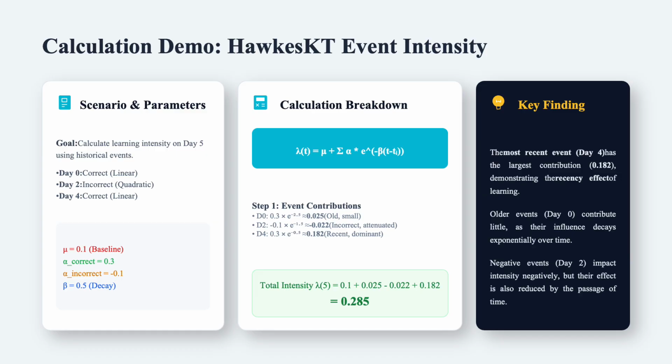The most recent correct answer has the largest impact, while the older events have much smaller contributions. The total intensity of 0.285 represents the model's estimate of how active the student's learning process is at this moment. This is a powerful way to model the dynamic ebb and flow of knowledge.